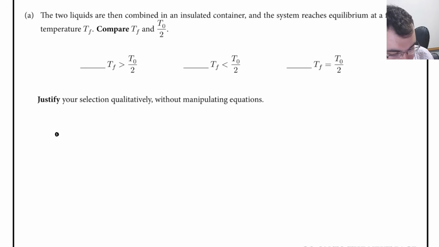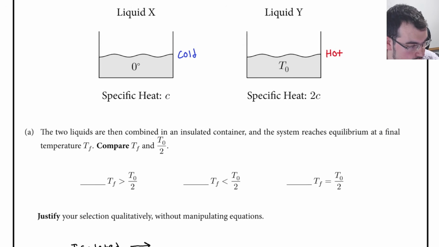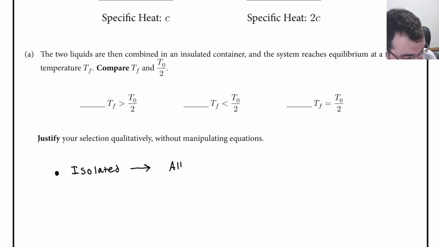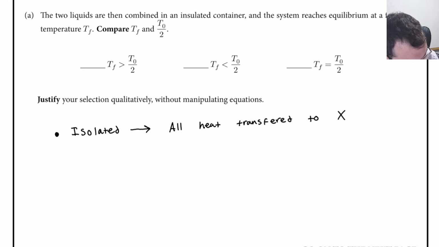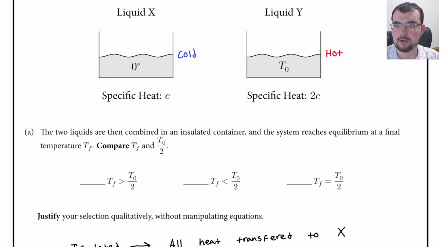So what we know is that since this is isolated, all heat transferred to liquid X, because X is going to gain energy from Y since it's the colder one, all heat transferred to X comes from Y. So that's our first fact. And that's going to be really helpful when we do the derivation.